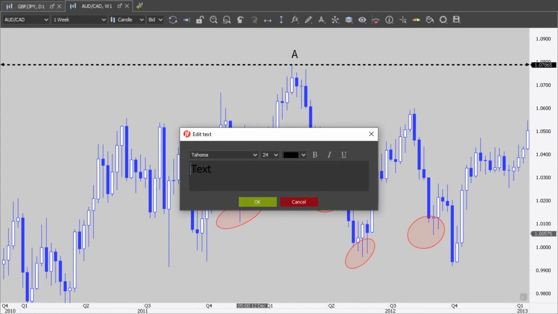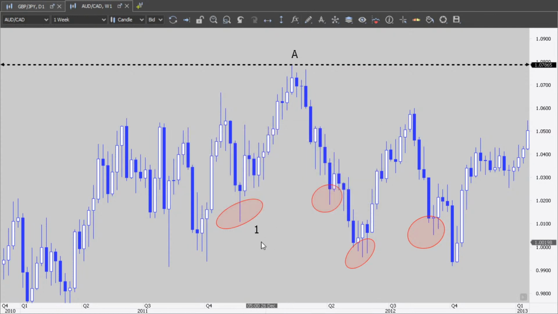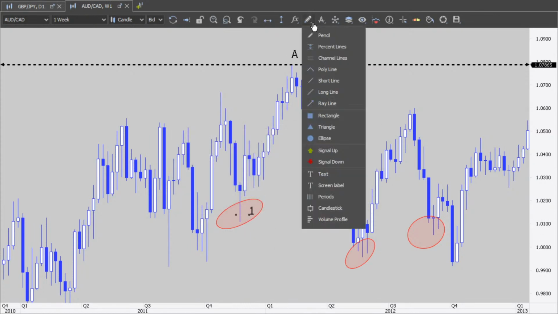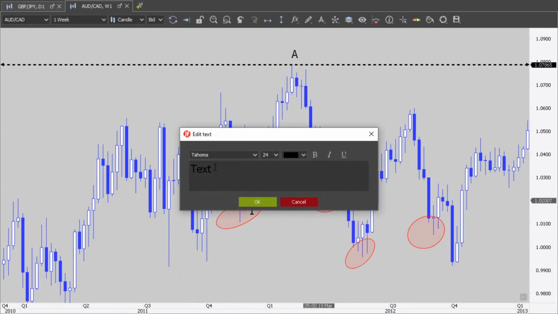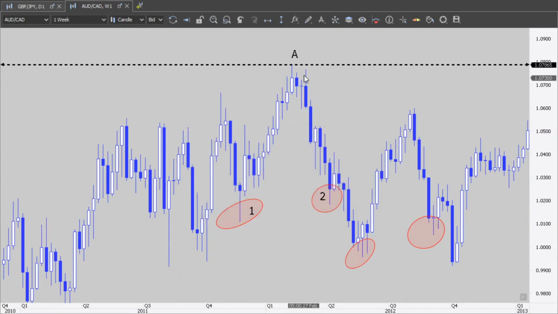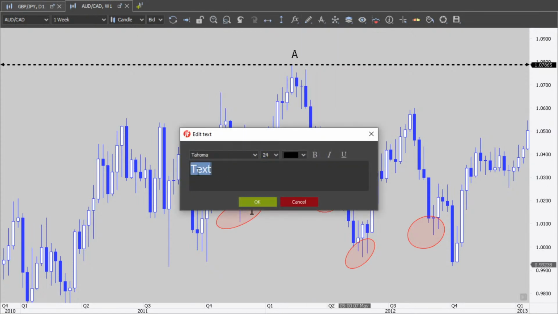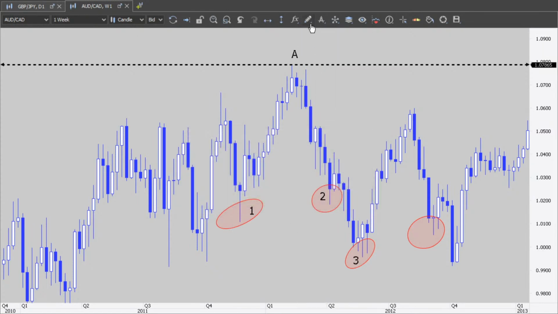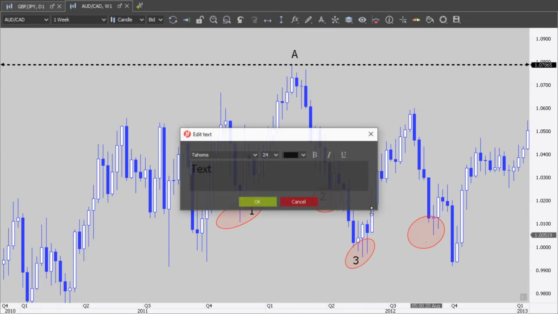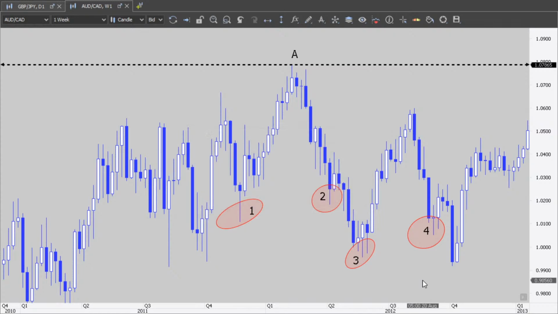So this is going to be number 1. Which one is the B, everybody? Circle number 1, circle number 2, circle number 3, or circle number 4? Which one is the B, everybody?